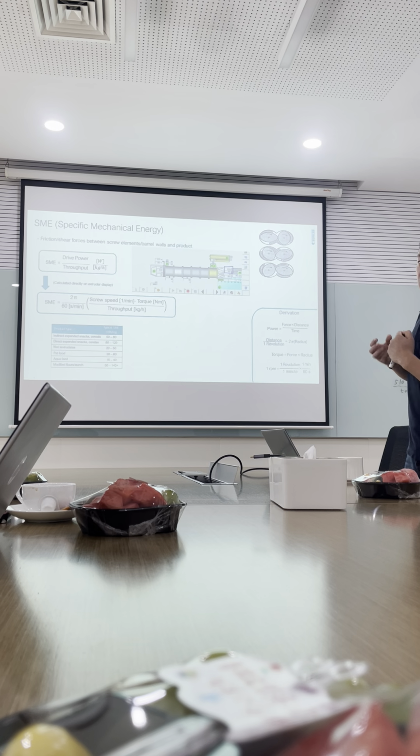Because electrical energy is more expensive than thermal energy. So for most plants, if they want to control energy consumption, they need to keep this value as low as possible. Otherwise, their processing energy cost will be higher.